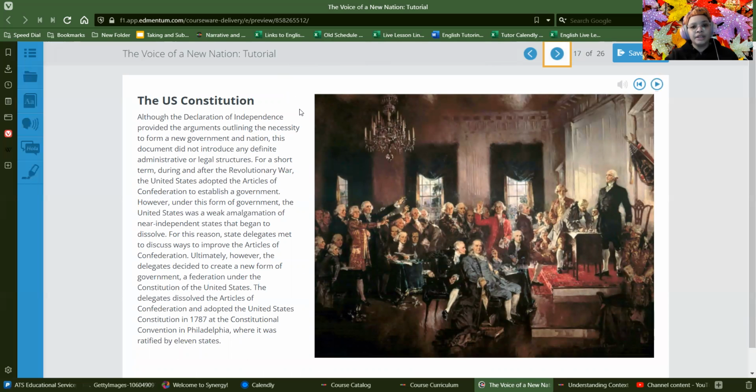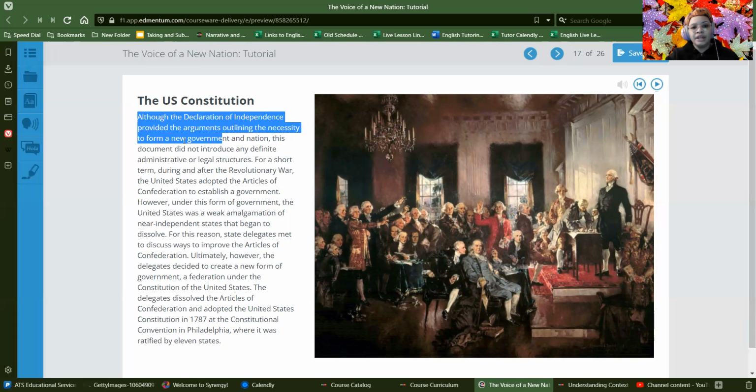Okay, the second reading selection for this lesson is the US Constitution. So this is more of the same. This is the other document that has counter arguments and very Age of Reason, typical writing for that time. So it basically starts off with, although the Declaration of Independence provided the arguments outlining the necessity to form a new government and nation, this document did not introduce any definite administrative or legal structures.